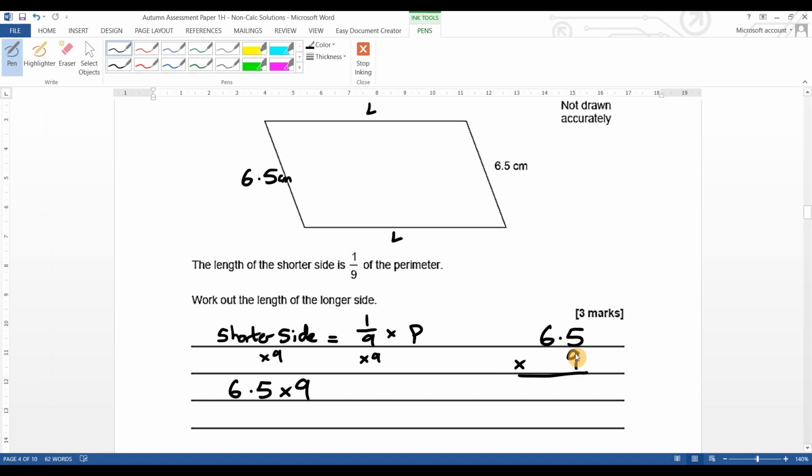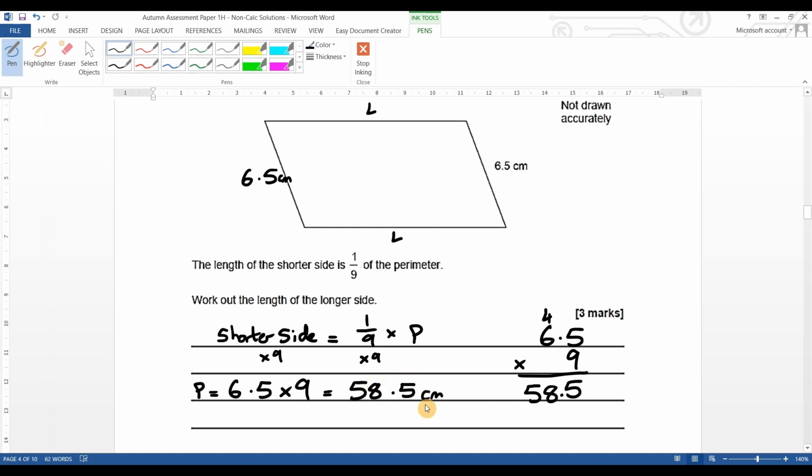Let's do it this way. So 5 times 9 is 45. Put the 5, carry the 4. 6 9s are 54, plus the 4 is 58. And you've got one decimal place altogether. So P is 58.5 centimeters.